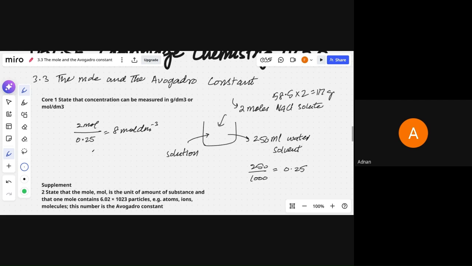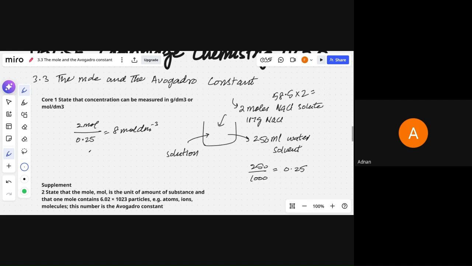So by dissolving 2 moles, we mean that we are basically adding 117 grams of sodium chloride, because 2 moles of sodium chloride is equal to 117 grams of sodium chloride.